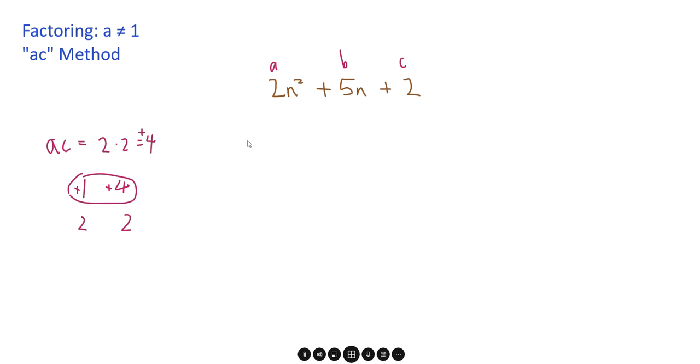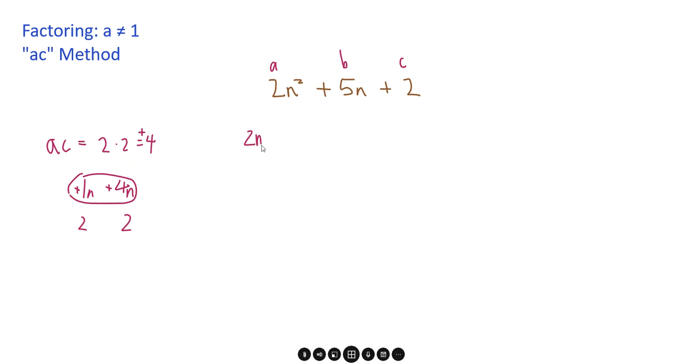So what I'm going to do now is rewrite my trinomial, but with 4 terms. I'm going to use my 1 with an n and my 4 with an n. I'm picking n because that's my variable here. Look how I'm going to do it.